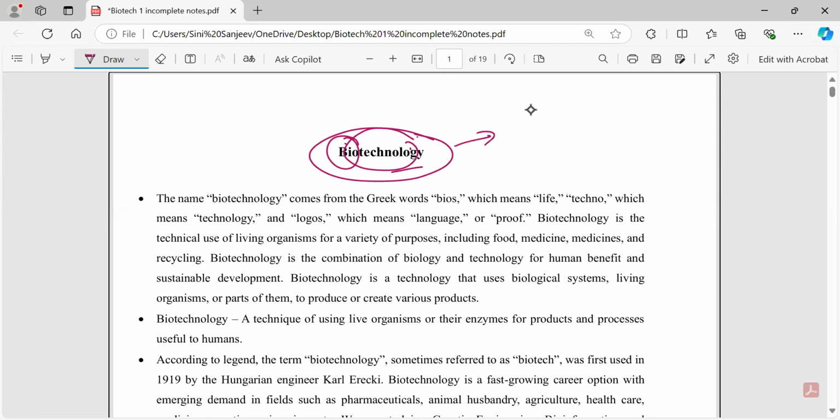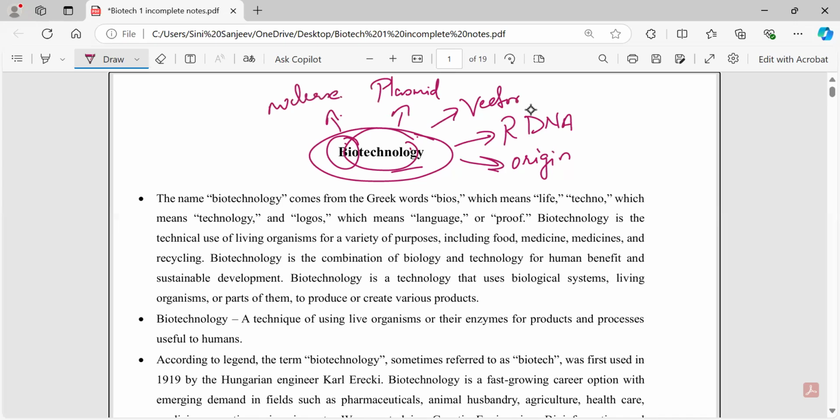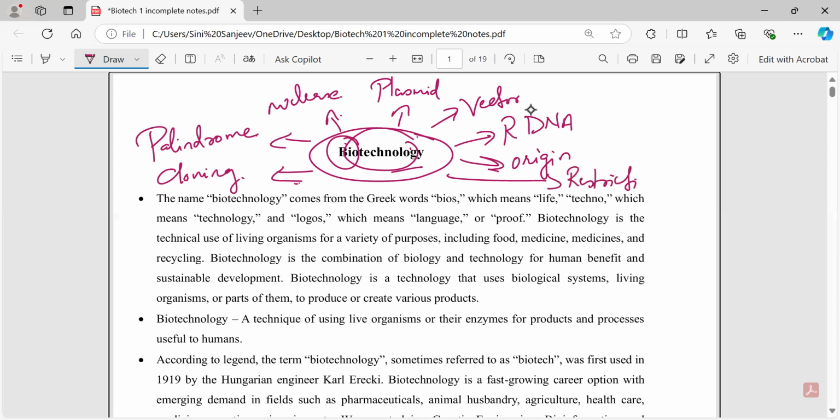First we are going to see rDNA, then origin, vector, plasmid, nuclease enzymes, palindromic sequence, cloning, and enzymes, that is restriction enzymes.